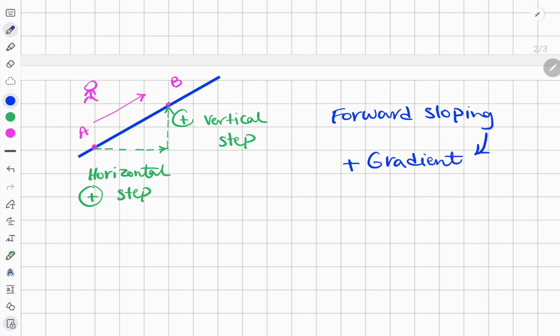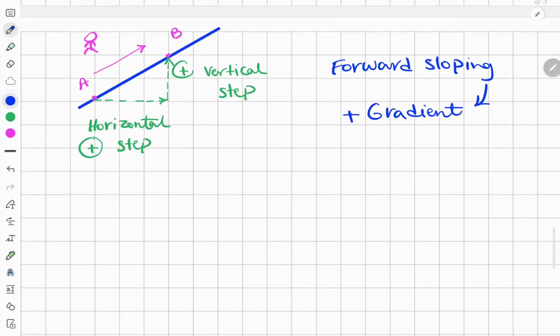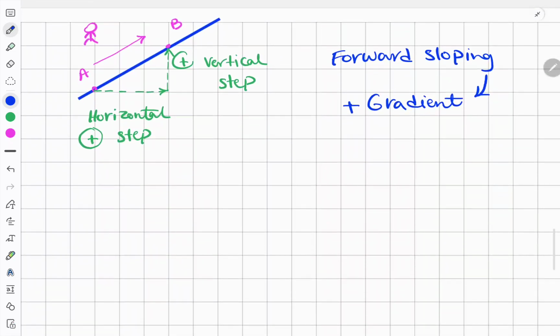Okay, and how about this one? Okay, so I'm gonna plot another 2 points, this one and this one.